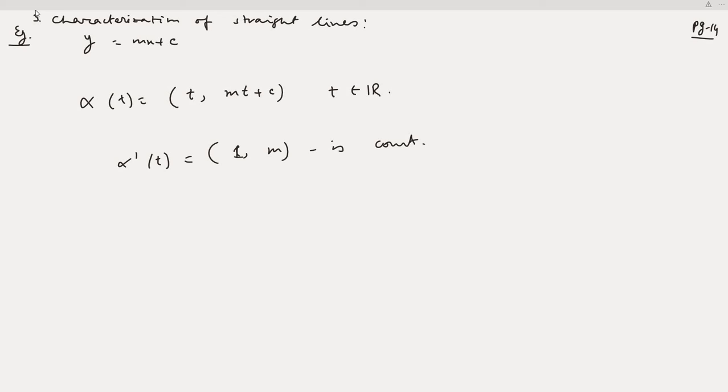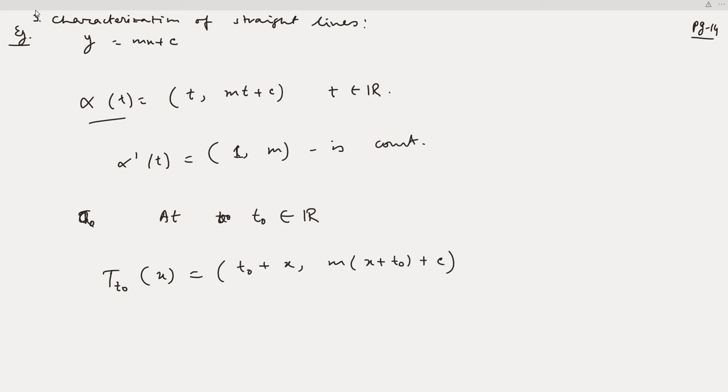And at t naught in R, the tangent of alpha at the point t naught is given by T t naught of x equal to t naught plus x comma m times x plus t naught plus c.